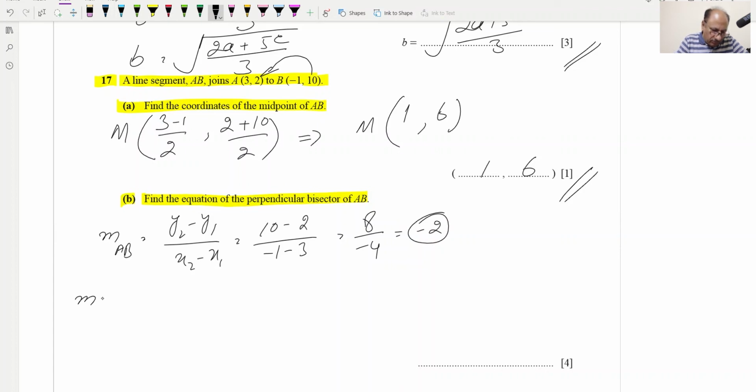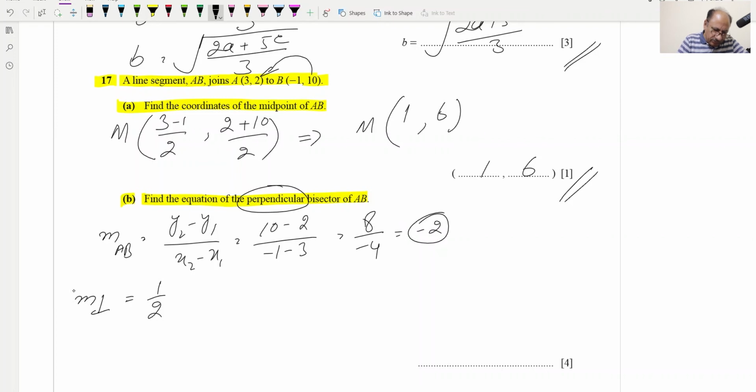Now the gradient of the perpendicular, because we need the perpendicular bisector of AB, will be the reciprocal and change sign, so it will be 1 by 2. Reciprocal of and change sign of minus 2 will be 1 by 2. And now we can use the midpoint.